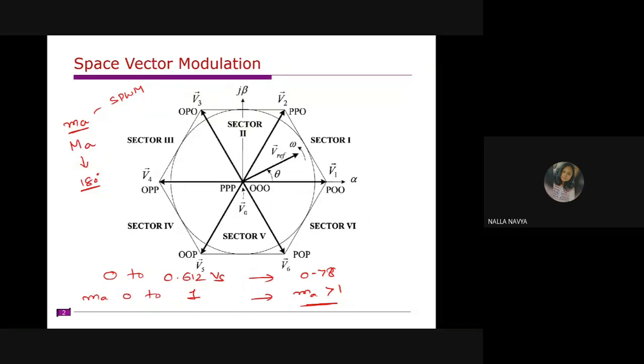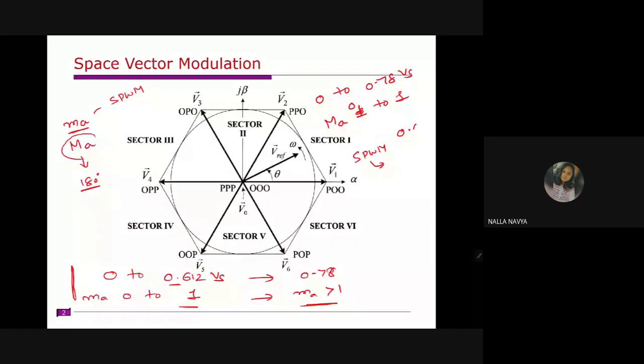This is how it is normally defined. In some research papers, they define the capital MA so that when the output voltage changes from 0 to 0.78 Vs, the MA changes from 0 to 1. Corresponding to the sine PWM technique, the linear range of the small MA is 0 to 1, which corresponds to 0.612, so the value is 0.612 divided by 0.78.